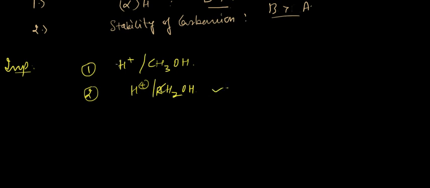Okay, so H plus catalyzed in the presence of methyl alcohol, and then we are passing RCH2OH again in that acidic medium only. So we have an example something like this.